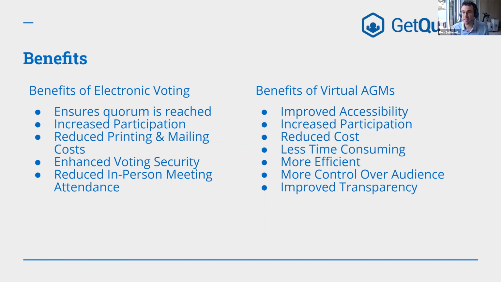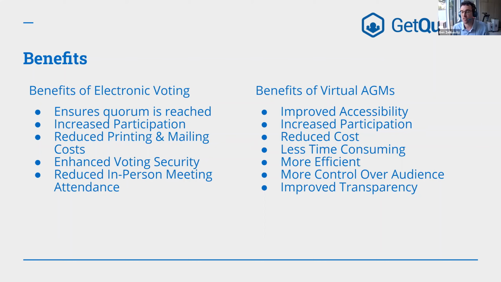Because proxies make things easier, you're going to see more participation with a greater likelihood of reaching goals that may include 50, 60, sometimes as high as 80 or 90% thresholds in order to make amendments to declarations or other bylaw changes. You may need higher thresholds. So using advanced voting prior to the meeting gives every owner the chance to easily participate in the meeting.